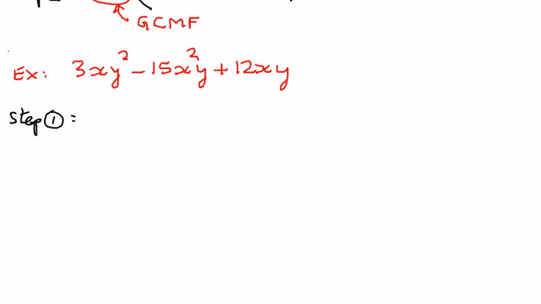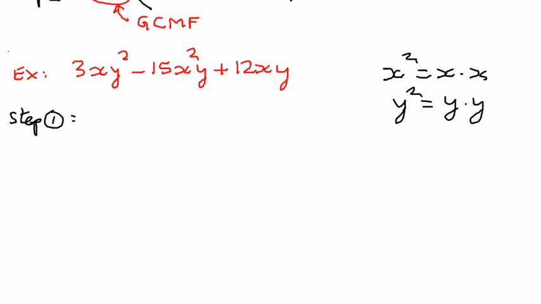Here again, I want to write this as follows. If I look across the equation, I have 3, 15, 12. Those are the coefficient terms, and I have xy squared as the variable term, x squared y as the variable term, and xy as the variable term. So just for our understanding's sake, if I have x squared, I can write that as x times x. If I have y squared, I can write that as y times y, isn't it?